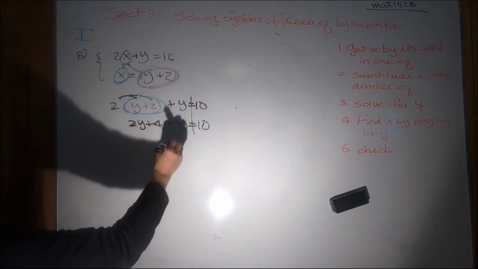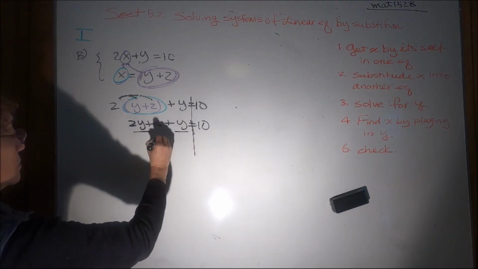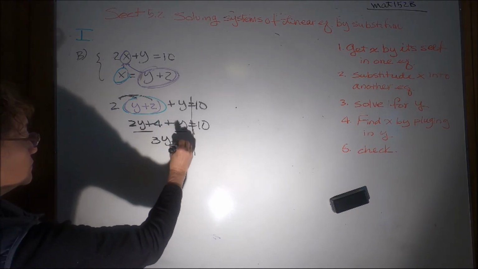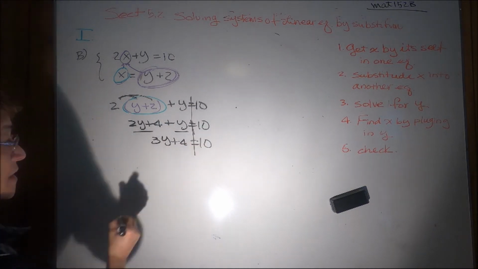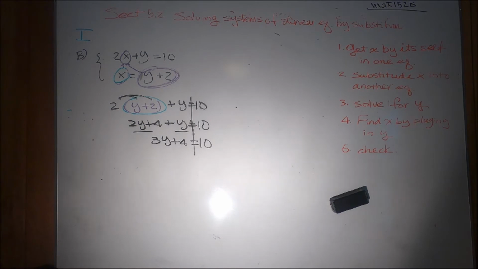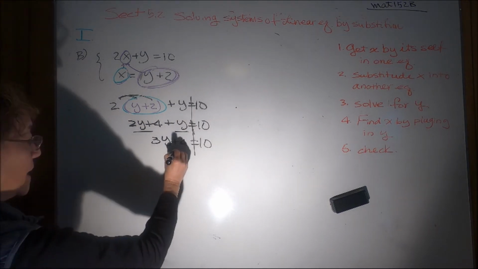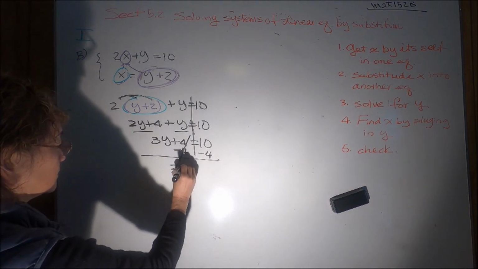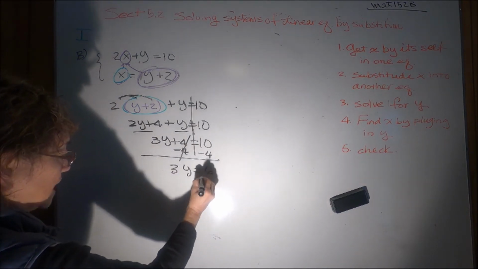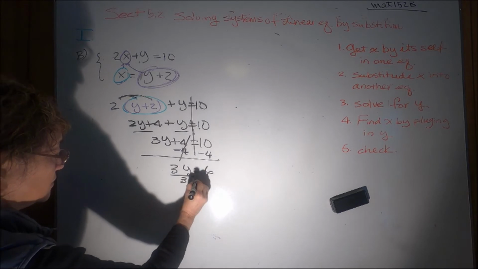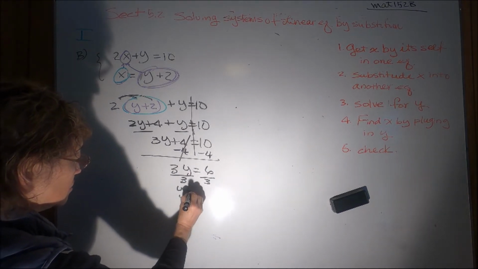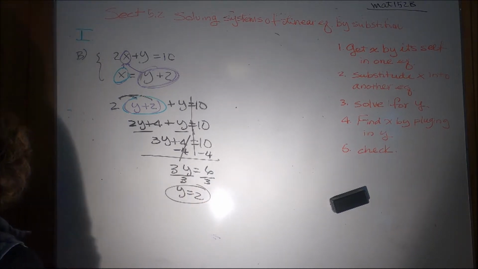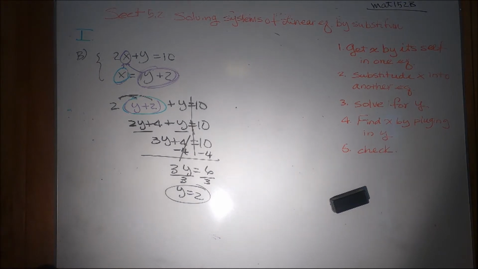Combine like terms. Make two sides simpler, right? Then what do we do? Get a variable by itself. Right? Then get rid of 3, do the opposite, y is 2. Right? Are we done? Not quite.